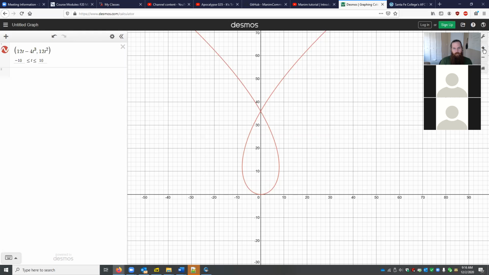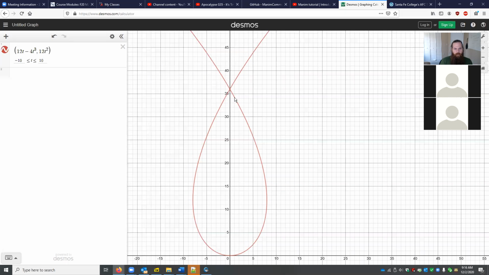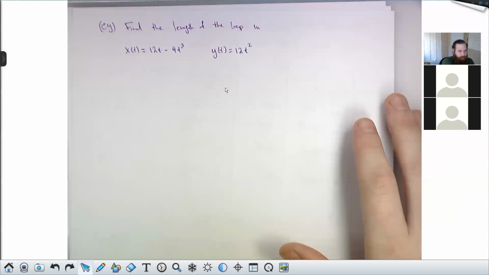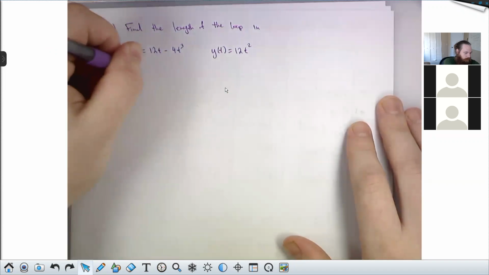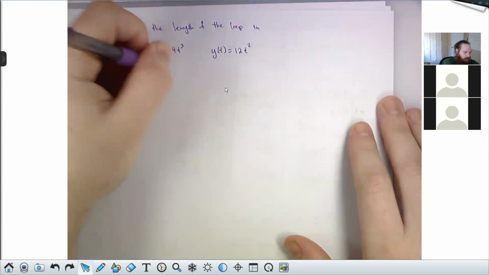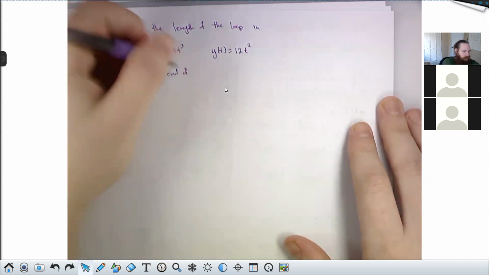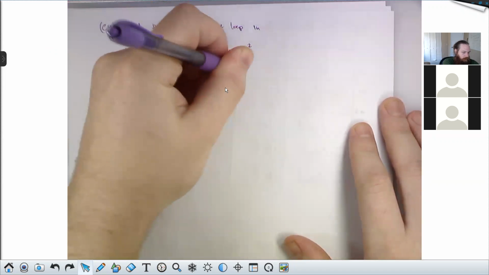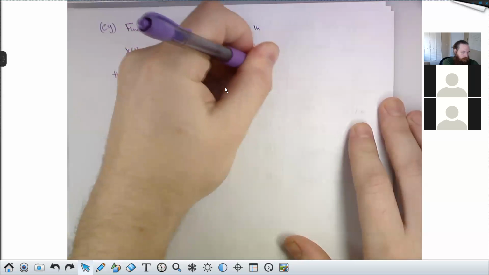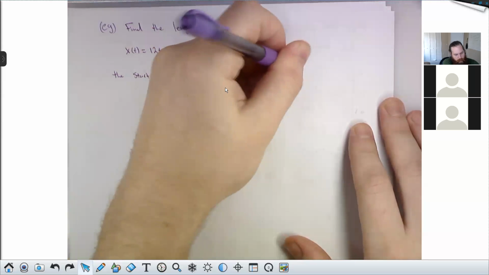So a few ways I could do this. The y values here seem to be unique, right? At this point, x is 0 and y is 36. So we can say the start and end of the loop is the point (0, 36).